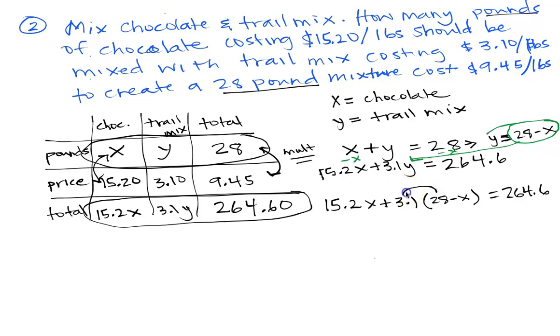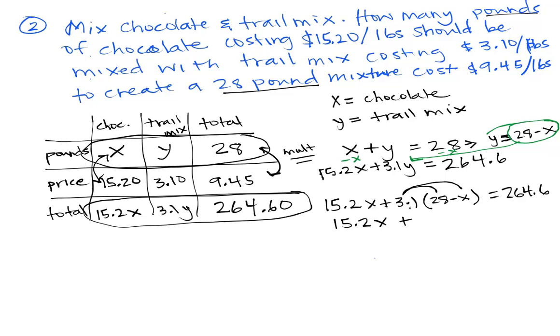Next, we need to distribute that 3.1 through to everybody. So 3.1 times 28. Am I doing that right? Let me make sure I have this.